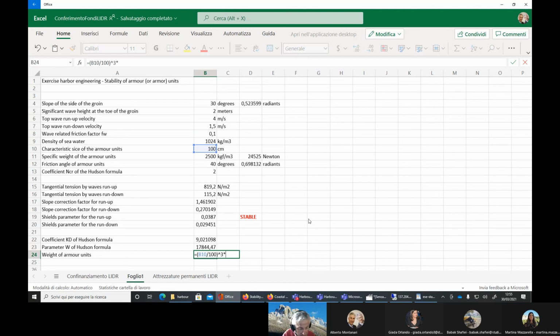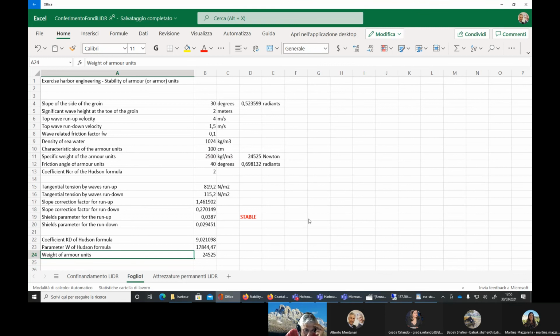Then I need to multiply it by the specific weight and times 9.81. Okay, so in this case, you see that the weight of the armor units is higher than the parameter W. So this is okay. I mean, it's stable.